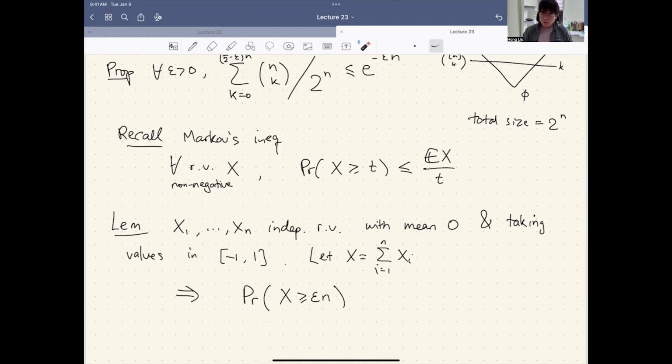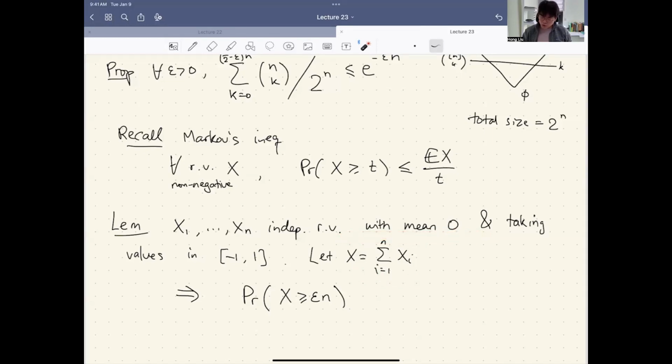For a moment, let's suppose this is the simplest case that xi are Bernoulli random variables, meaning it takes 1 with probability 1/2, takes -1 with probability 1/2. We know each xi has mean 0, right? So the mean of x by linearity of expectation is 0 as well.